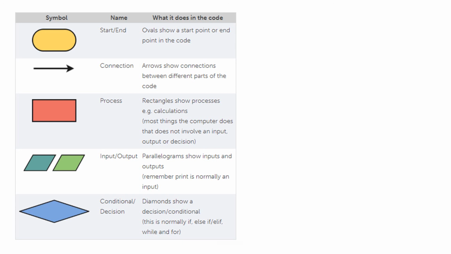These are shown by diamonds, and after the decision, you either take a true or false value, a Boolean yes or no. The notations in the table, if, else if, elif, while, and for, are words we can use in code to tell the computer exactly how to use these Boolean outputs. But all of that is for another video.